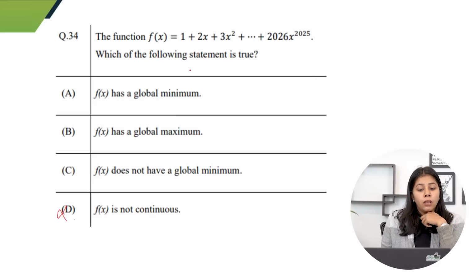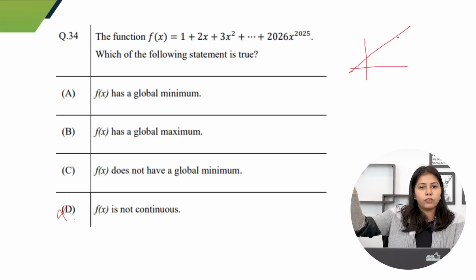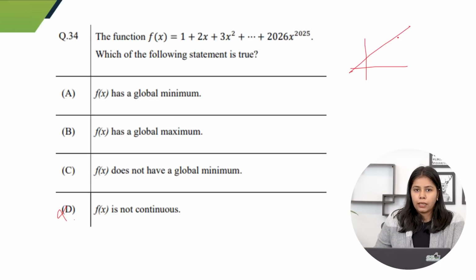Now let's talk about global minima or global maxima. If you remember, let's say I take a line, so it would be something like that. Then it goes up to infinity, and it goes up to negative infinity, right? But if I take a square polynomial, because first of all I have taken this 1 plus 2x, it would be some line.